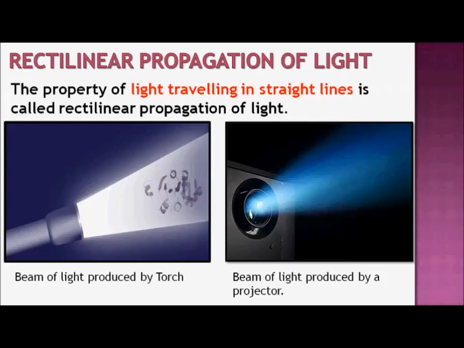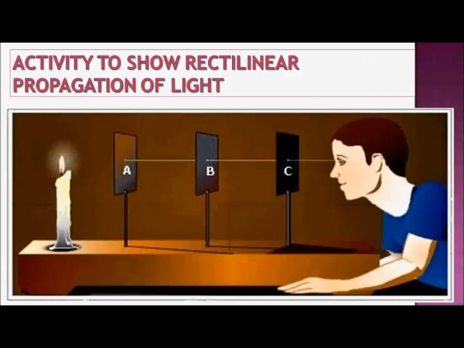Now I will show one activity for this. This is one activity to show rectilinear propagation of light. Here you need some materials, one candle, 3 cardboards of same size. Now how to do this?